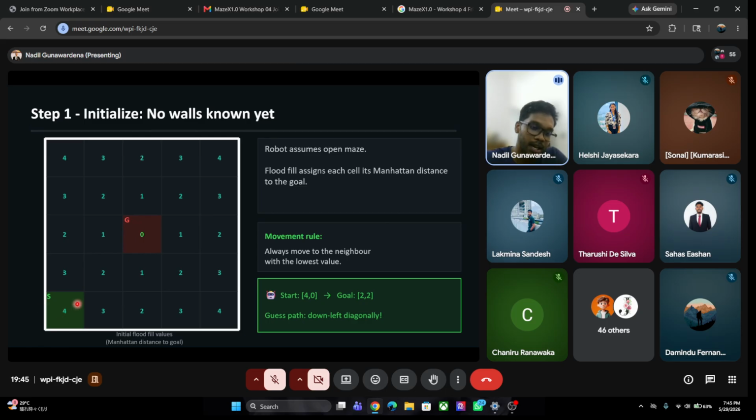So at start, the mouse stores these values as the values of the cells of the maze. If there are no walls, we are just assuming, right? There are actually walls.